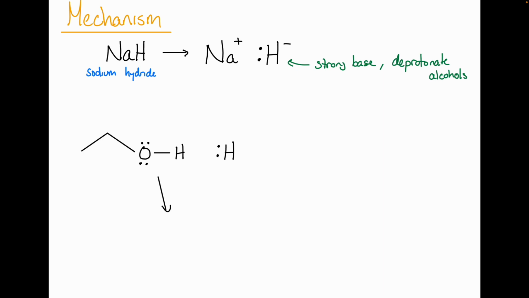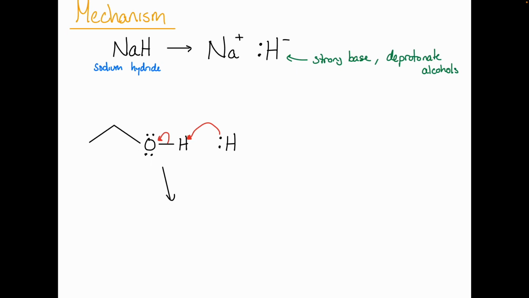Our arrow has to start at a pair of electrons, so that'll be the hydride pair of electrons. We're going to break that bond, giving that pair of electrons to that oxygen. This will create what we call an alkoxide ion, a deprotonated alcohol, which now has that negative charge.